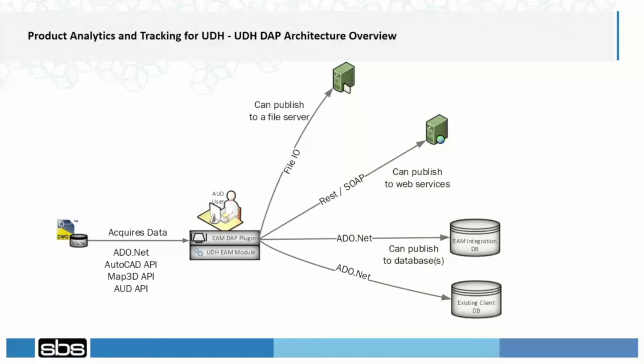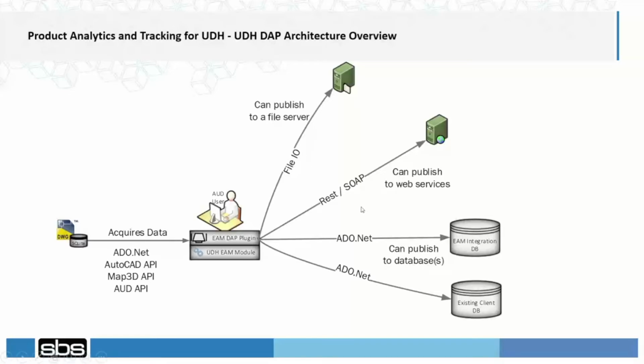So when a client wants that configured, this DAP plugin can acquire data, as I've said, from the SQLite or the drawing, and then publish it out, possibly to a file server, to web services, REST or SOAP, and primarily we publish it out to whatever database the client wants the data landed in.